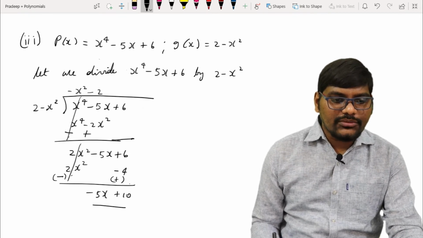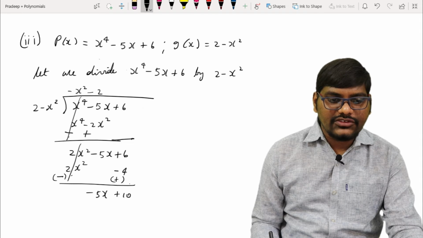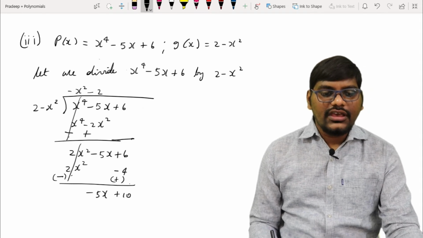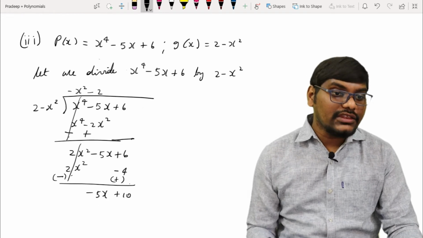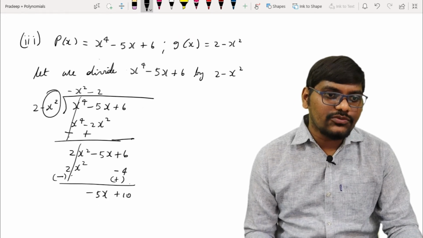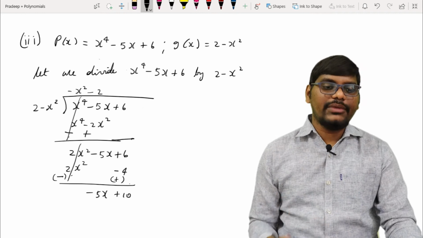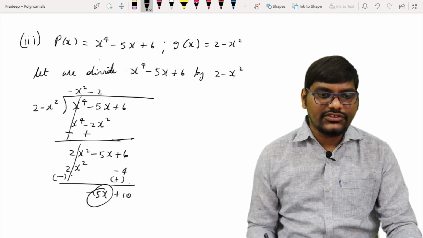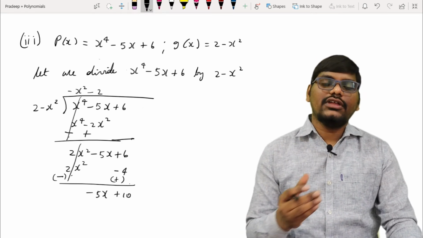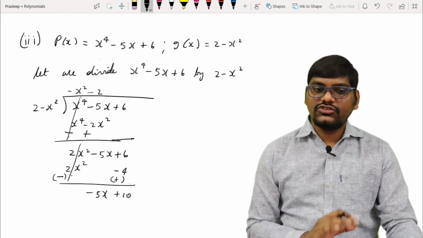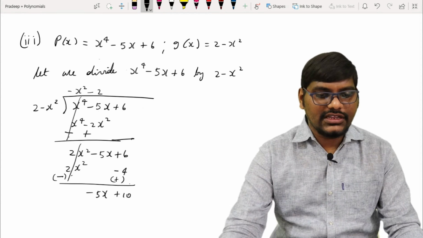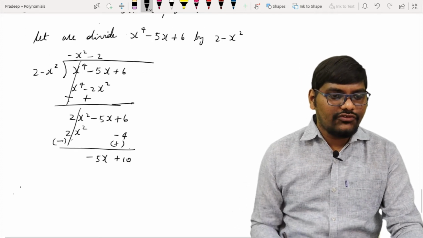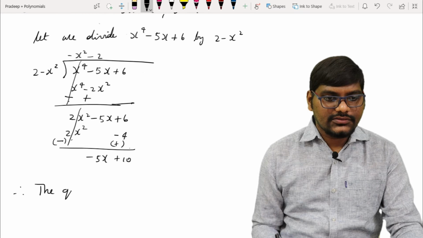So if you just observe here, this is minus 5x plus 10 we got, which means in minus 5x, this x is having the power as 1, but in the divisor the power is 2, so we can't further solve it because the power of the remainder is smaller compared to the power of the divisor. So this is the value which we got, so we'll just stop it and we'll write the conclusion.